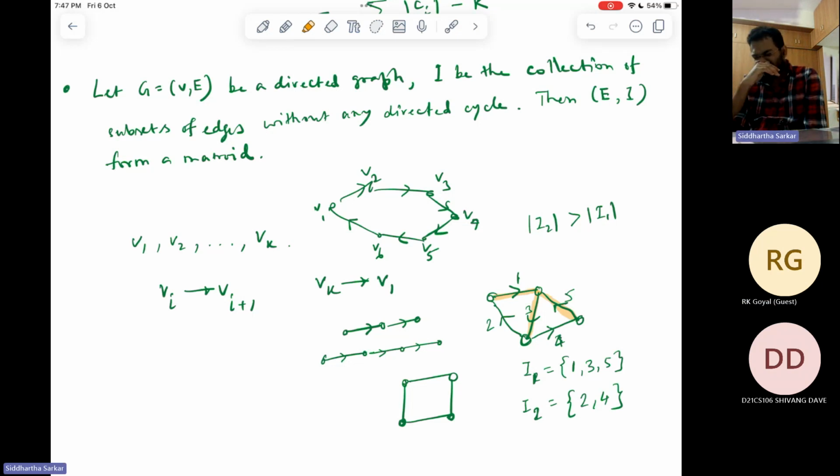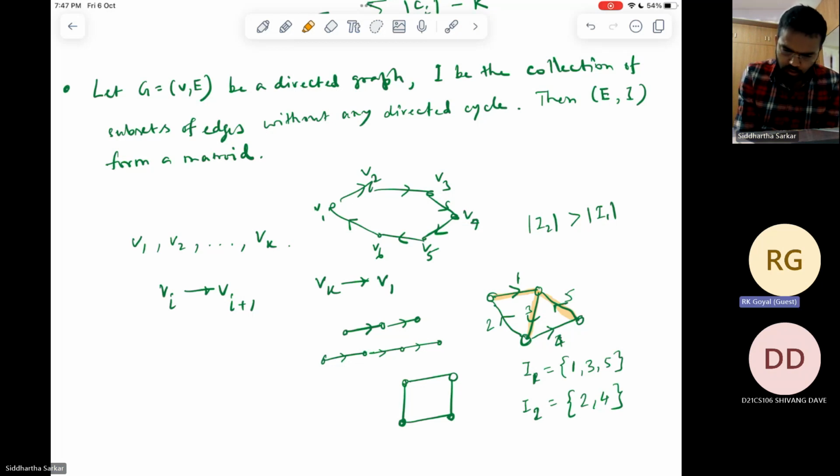So how does this qualify to be a counterexample to the exchange property? Okay, say this I1 is the collection of all the non-cyclic directed edges, and I2 is also non-cyclic directed.